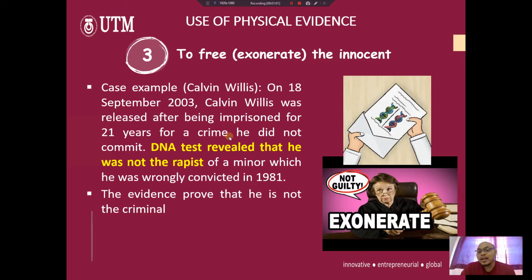So this is one kind of physical evidence that serves to free, or exonerate, the innocent. So we need to keep in mind that evidence is not just to convict the suspect. Evidence can also exonerate the innocent.